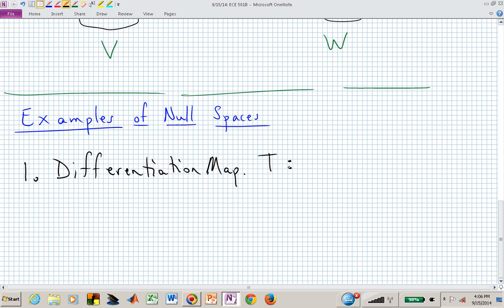So that T is taking, let's say, polynomials over the field of reals into polynomials over the field of reals.